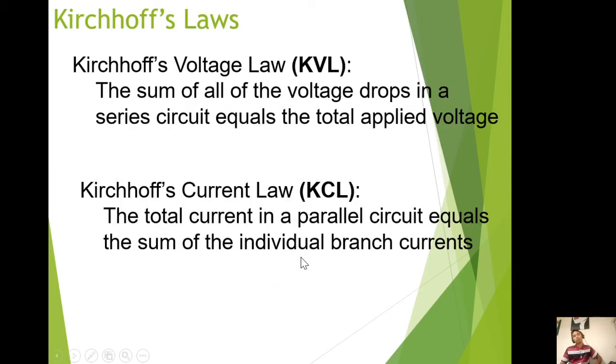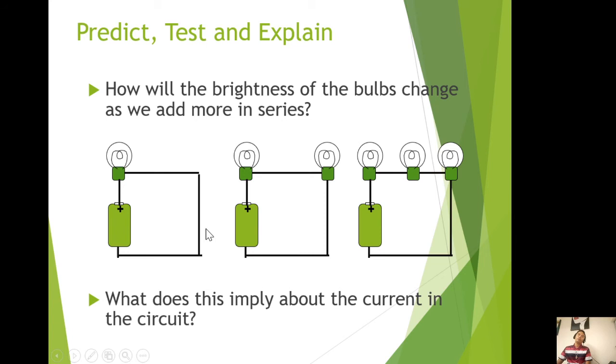KCL is about current. It is applicable to parallel circuits, since it cannot be applied to series. As I've said, all throughout the circuit there is only one path for current.